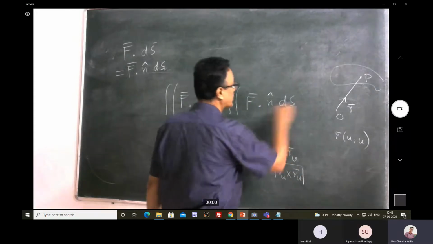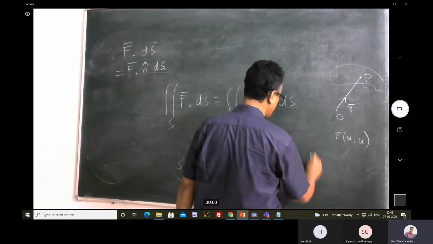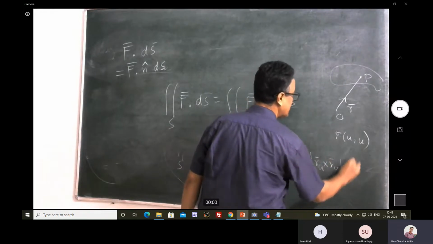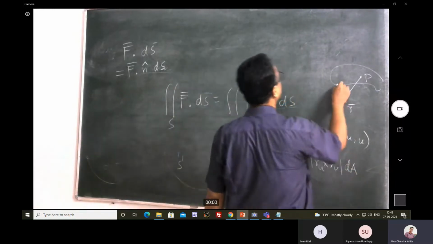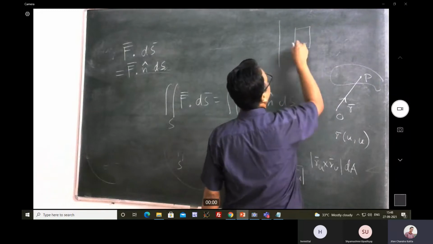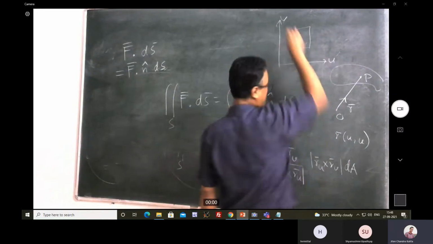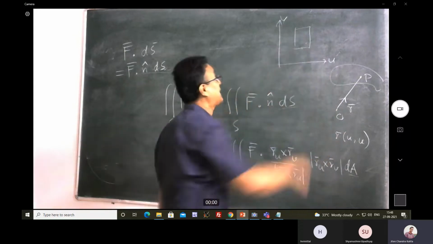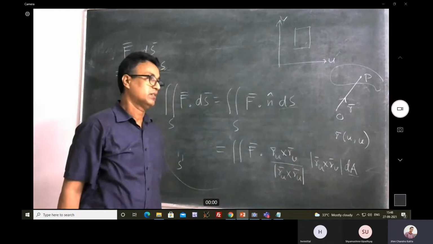And again you know that dS is simply r_u cross r_v dA, where this dA is nothing but the area of the original patch that you have considered in the uv plane, and it doesn't necessarily have to be rectangular.